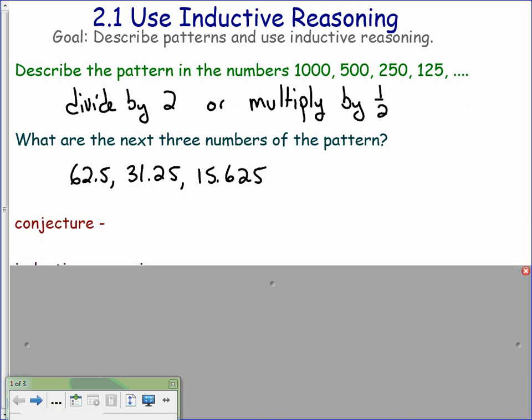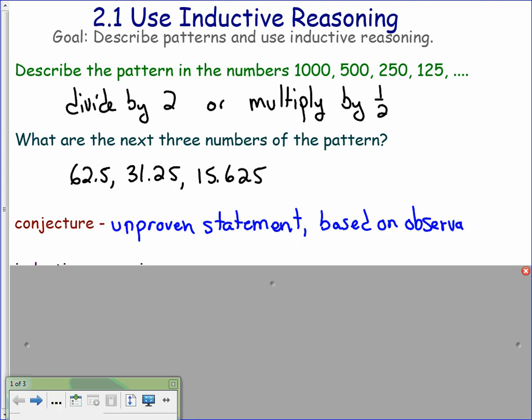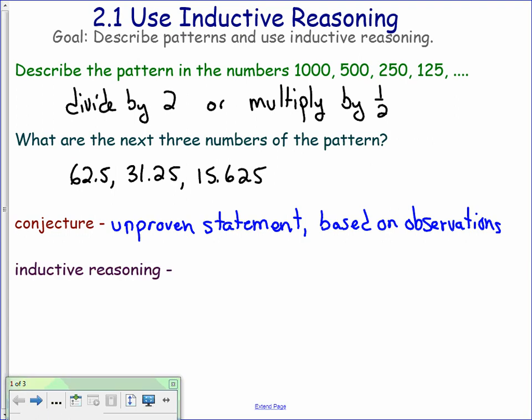The next term we have is conjecture. A conjecture is an unproven statement and it's based on observations. And when we're talking about conjectures, we're talking about something that is called inductive reasoning.